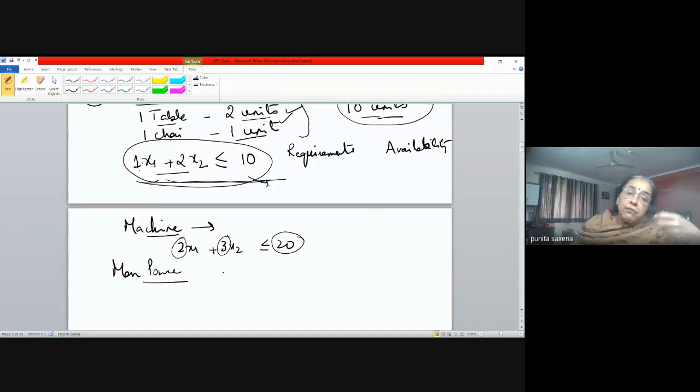So accordingly, we have these limitations. The manpower constraint could have been in terms of x1 plus x2 less than or equal to, say, 18. These are random numbers that I am taking. That means tables and chairs together have to be less than or equal to 18. Mind you, I'm not writing units anywhere. This particular constraint is measured in different units of measurement.